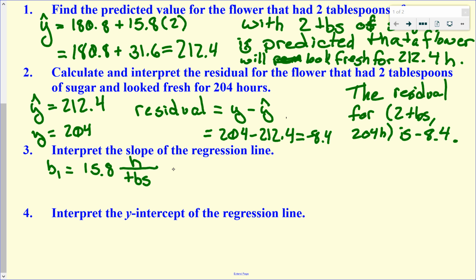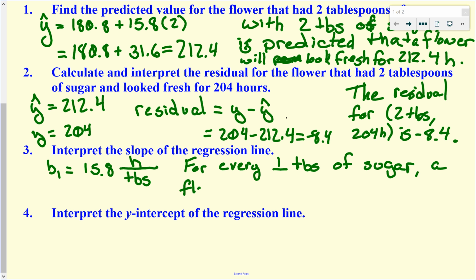So we can then interpret that as for every 1 tablespoon of sugar, a flower will look fresh for 15.8 hours more.